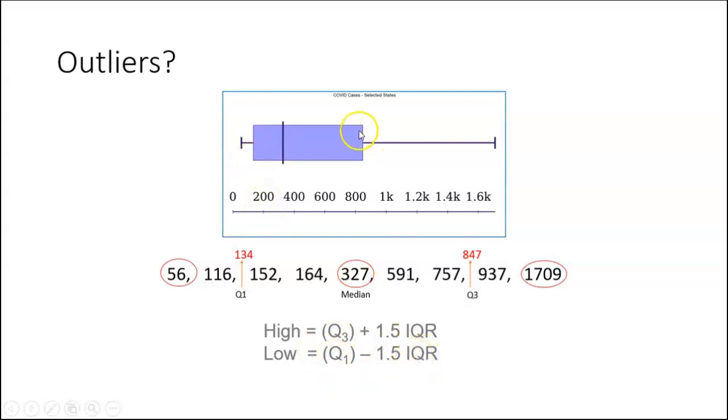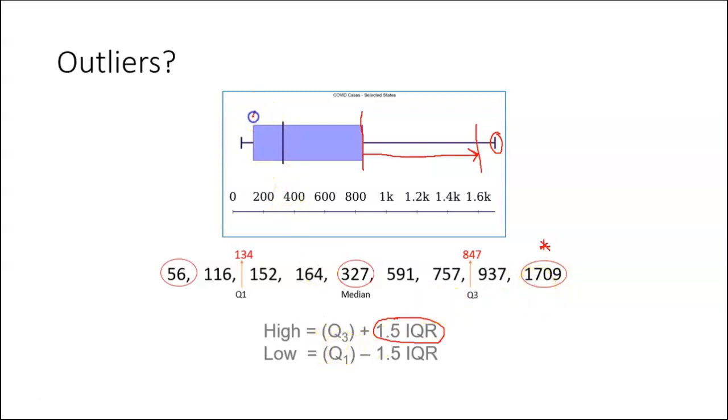So here's what it looks like visually. Let me grab my pen. So our third quartile is this 847, which is right here. If we go beyond 847, 1.5 copies of the interquartile range, that's this thing right here. And if we get a number such that it's more than that, then and only then would 1709 be officially an outlier.